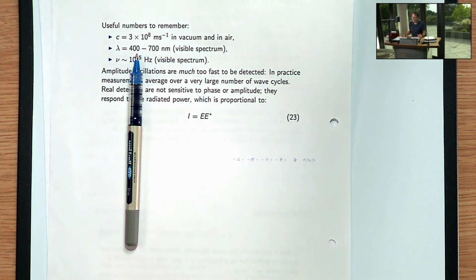The wavelength, 500 nanometers, is a ballpark figure. That's half a micrometer. 1 micrometer is 10⁻⁶ meter, so half of that is 500 nanometers, in the green spectral region.